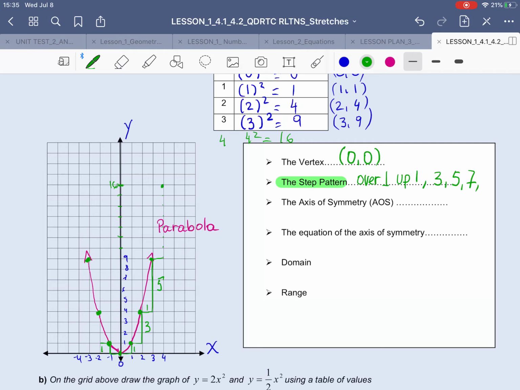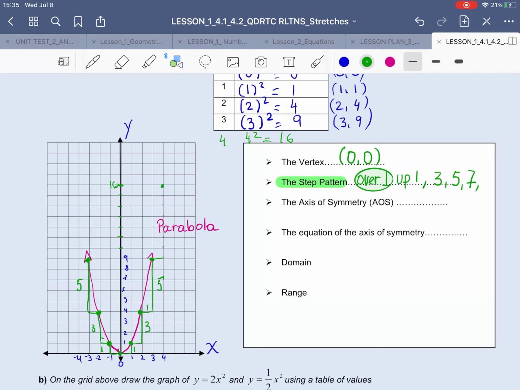So you move over 1, up 1, over 1 to the left, up 3, over 1 to the left, up 5, and so on. So the same pattern repeats. Every time you move over 1, we rise by following the pattern of all the odd numbers.